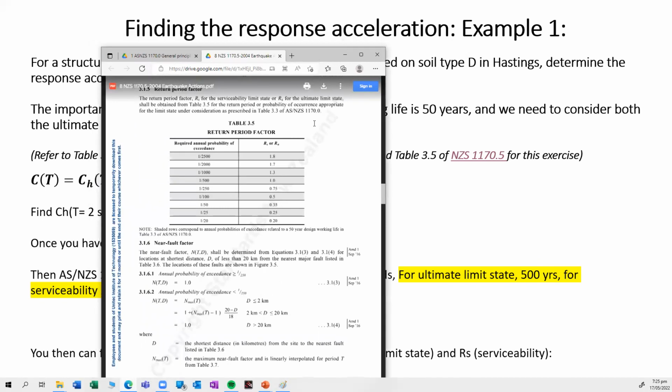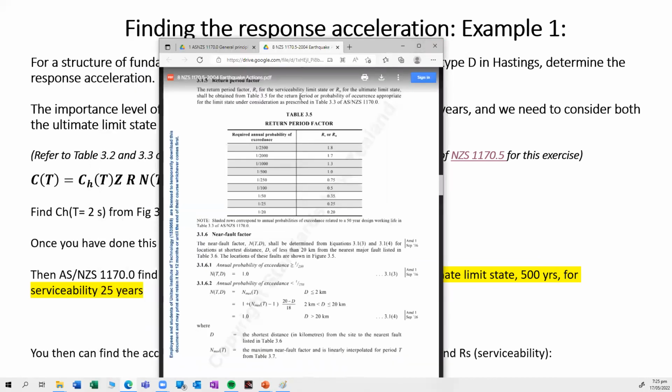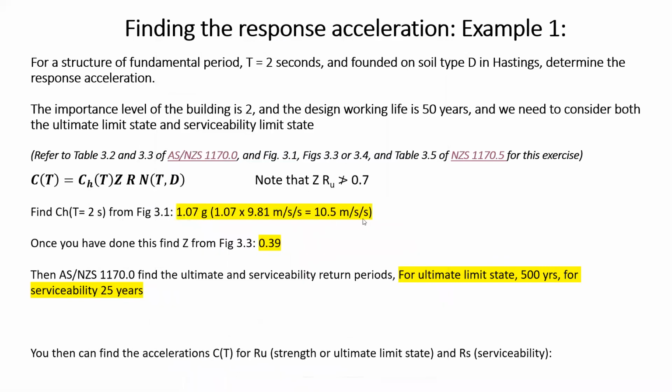Okay, so table 3.5 gives you your value for RS or RU. Okay, so it's a little bit confusing because R is sometimes used for return period and is also used for return period factor. But I think you guys should be able to figure it out. I want you guys to actually find it for return period of 500 years and 25 years. What is the return period factor from table 3.5? So you guys do that.